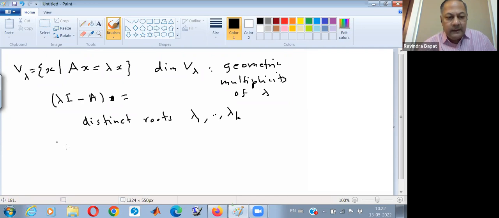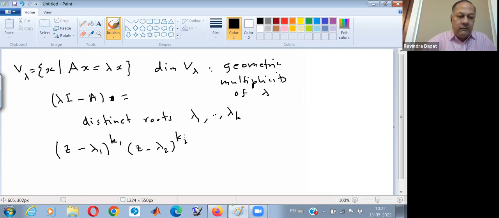When you factor the polynomial, if lambda 1 comes k1 times as a root, lambda 2 comes k2 times, then those are called algebraic multiplicities. So k1 is the algebraic multiplicity of lambda 1, k2 is the algebraic multiplicity of lambda 2. So the algebraic multiplicity is the number of times it occurs as a root of the characteristic polynomial. That is the other kind of multiplicity.